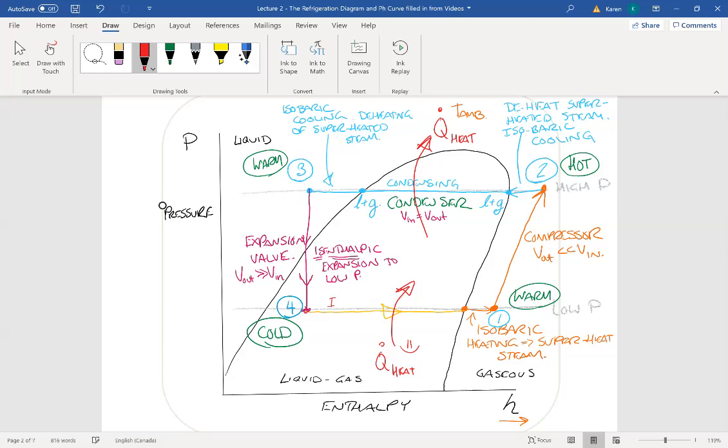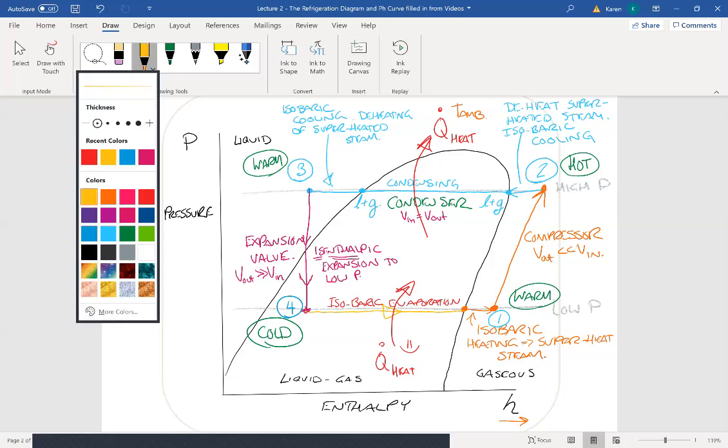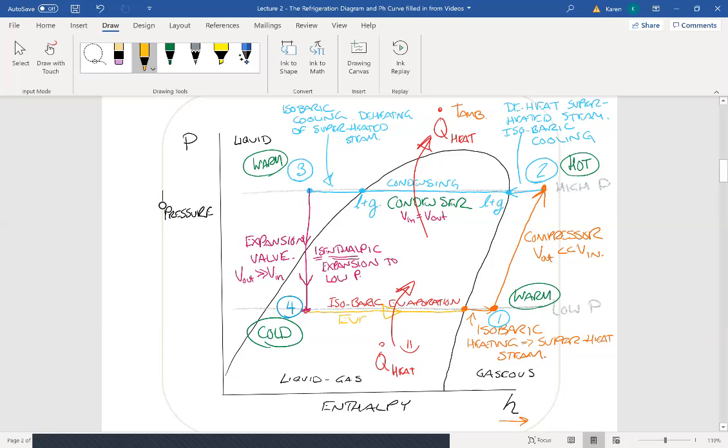So an isobaric constant pressure evaporation. And let's just label what this device is. This is a heat exchanger, and this is called an evaporator. Gains heat.